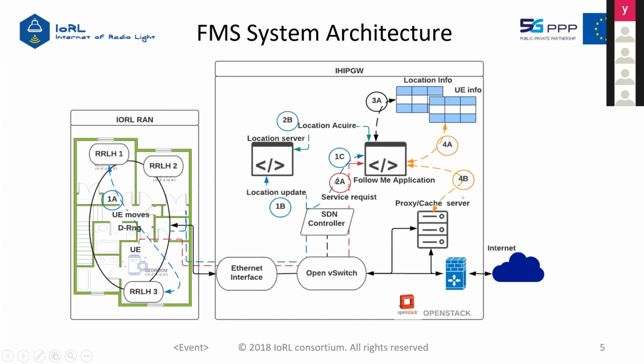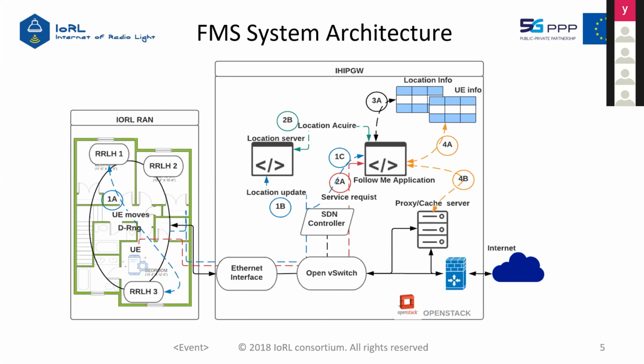The main focus of the Follow Me application is to enable the SDN controller to update the OpenVSwitch forwarding tables with the correct TV destination. The Follow Me application utilizes the user equipment location update information to ensure real-time traffic switching instructions are sent via the SDN controller. The Follow Me service interacts with the network's entities to realize the service.